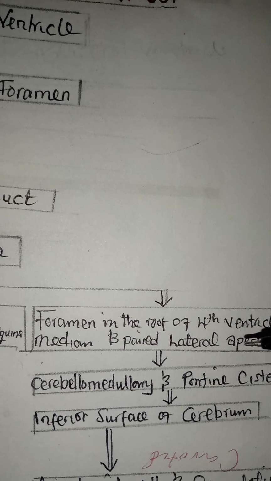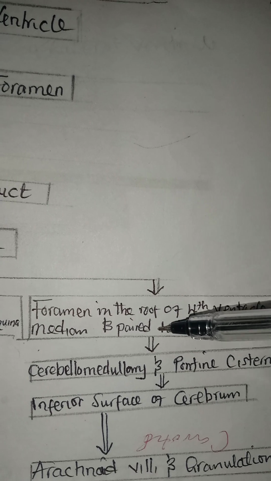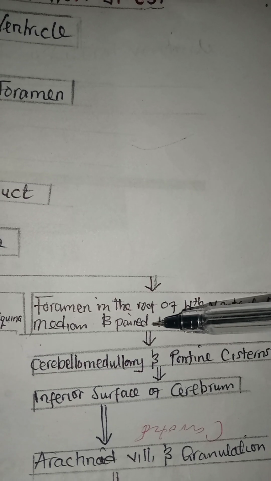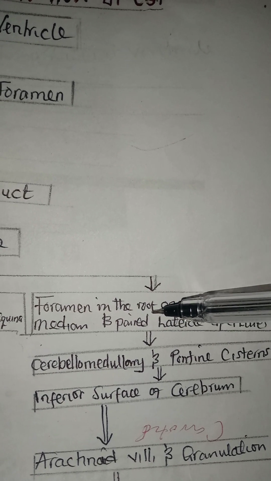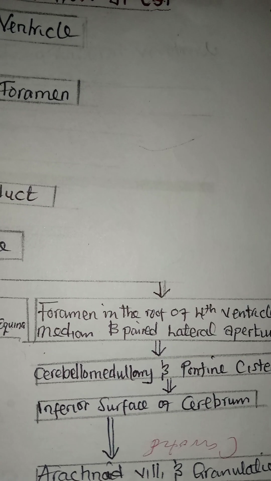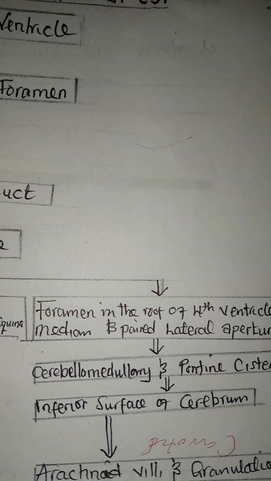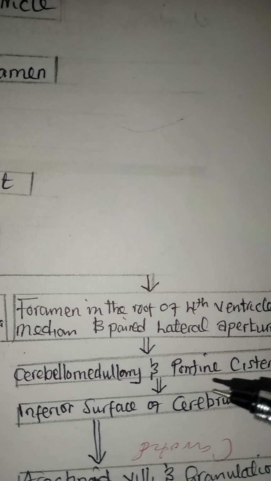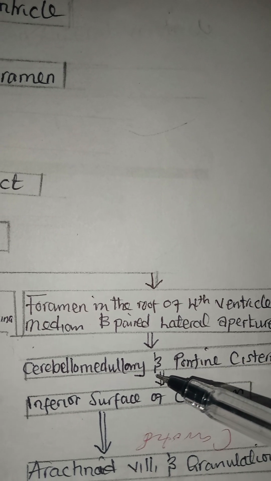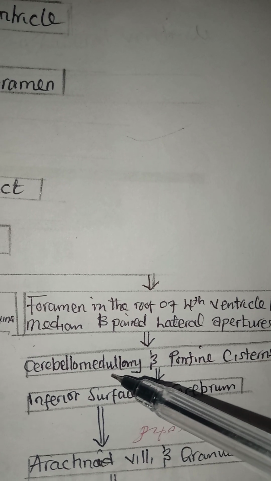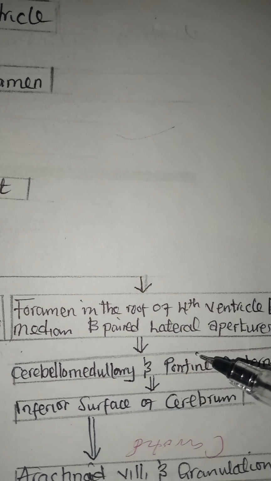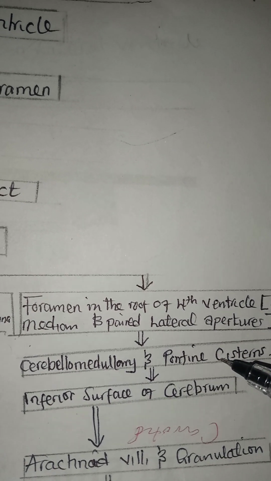Okay, so the cerebrospinal fluid, which will be drained via the single midline and lateral paired apertures, is the one which goes now until it reaches the cerebellomedullary as well as the pontine cisterns.